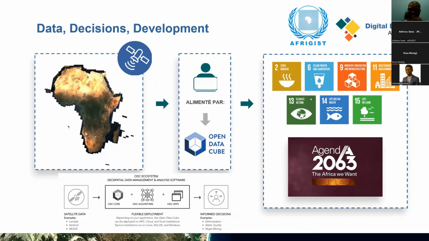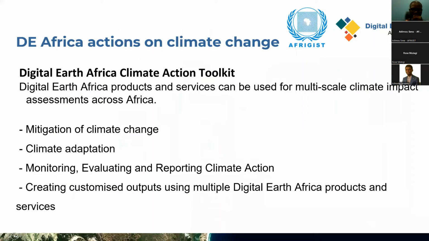The one that we are interested in today is goal 13, for which Digital Earth Africa has provided a lot of tools and notebooks that will help to address climate action. On the Digital Earth Africa platform, you could see that there is a Digital Earth Africa Climate Action Toolkit that is really dedicated to anything that concerns climate action in Africa.